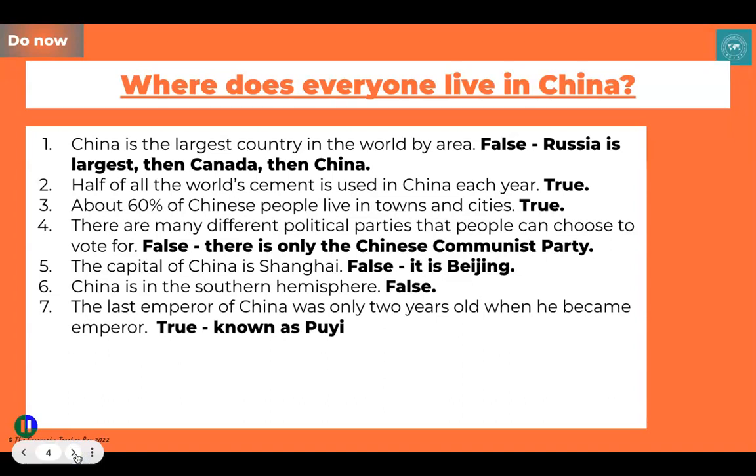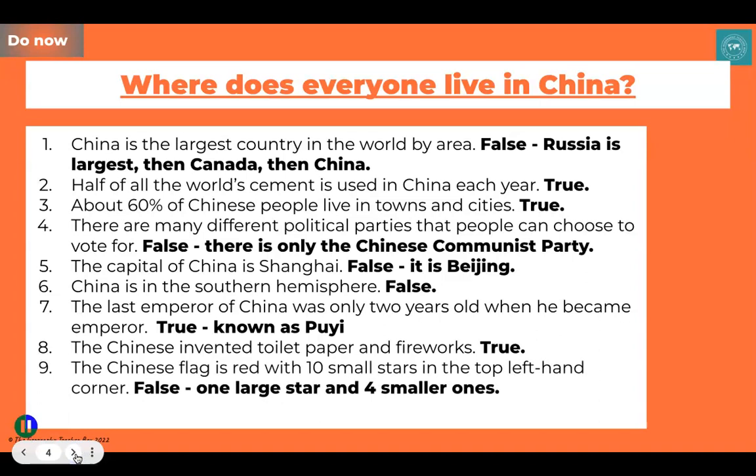Number 7 is true. The last emperor of China was actually only 2 years old, and he was known as Puyi. I think that's the correct pronunciation, but it's something perhaps I need to double check. Number 8 was true. The Chinese are attributed to inventing the toilet paper and fireworks that we know and love.